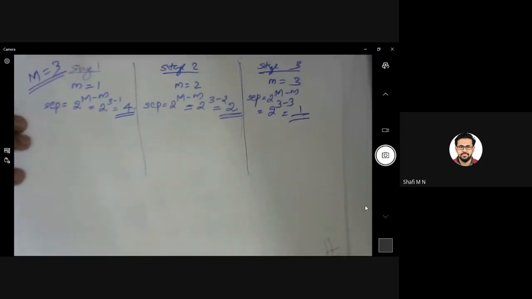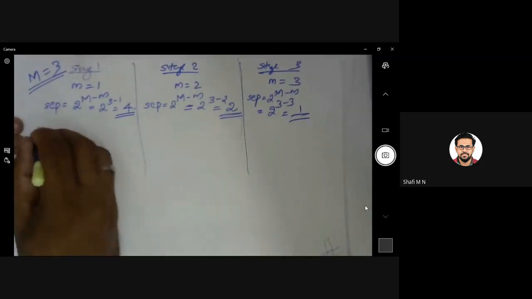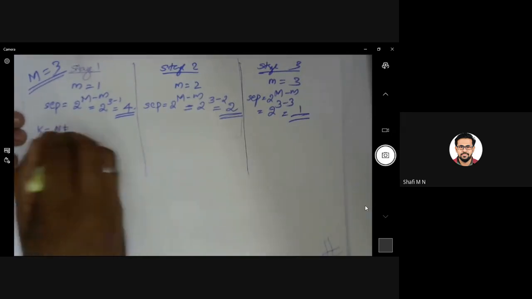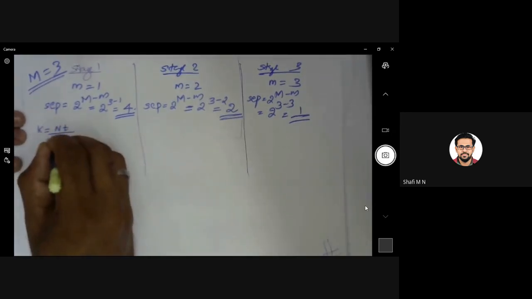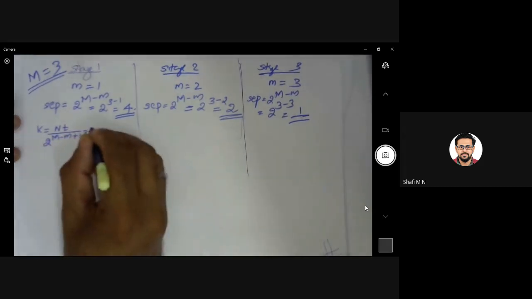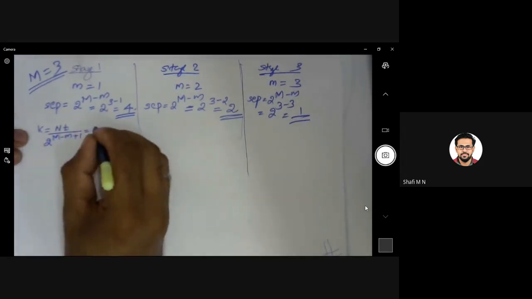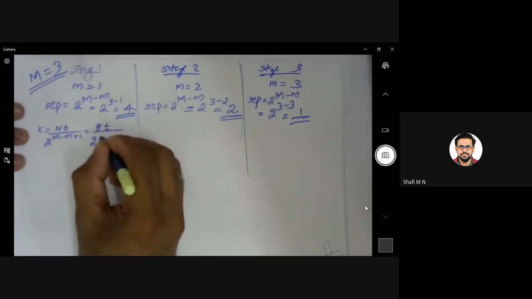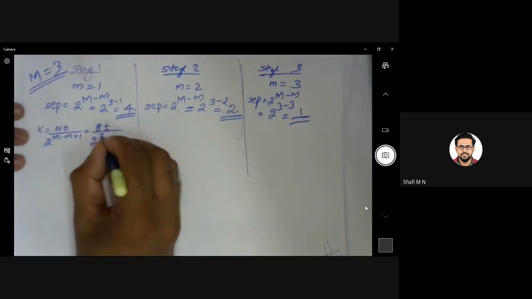So the only thing is you have to calculate the twiddle factor exponent, right? The twiddle factor exponent is given by Nt by 2 raised to m minus s plus 1, isn't it? In our case, for the first stage, N is 8, so 8t by 2 raised to m minus s plus 1. m is 3. Do it carefully.